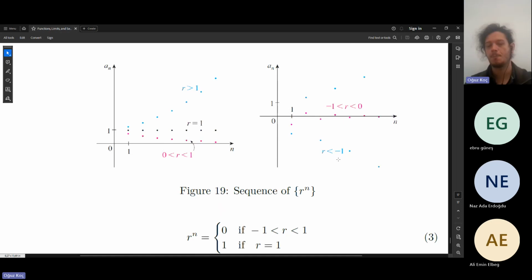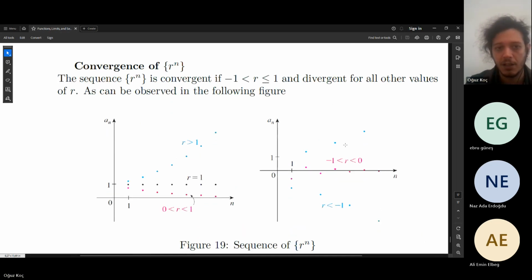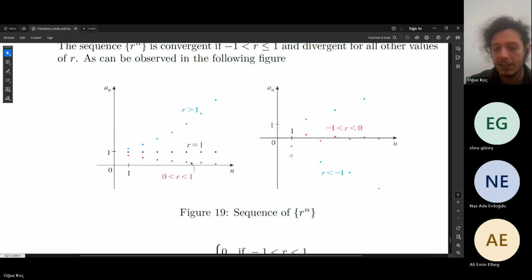When r is smaller than -1, it has an oscillating-like view, but actually it's exponentially increasing on the positive side for even values of n, and for odd values of n, it's exponentially decreasing on the negative side of an. Therefore, when r is smaller than -1, it is not convergent, it's divergent.